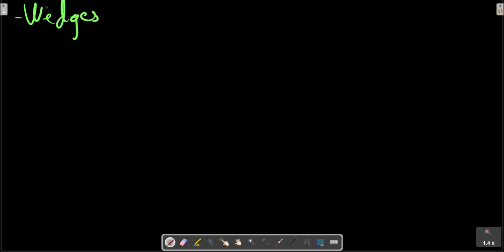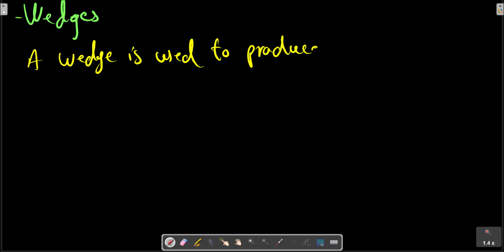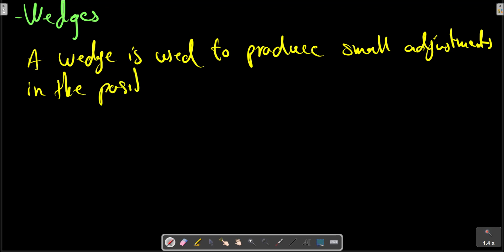A wedge is used to produce a small adjustment in the position of a body or to apply large forces.